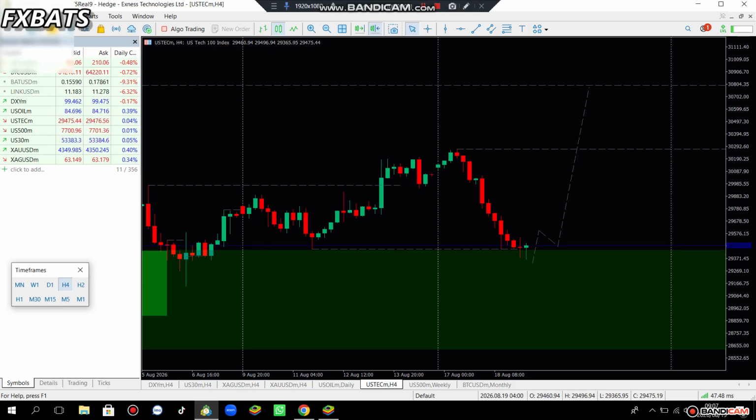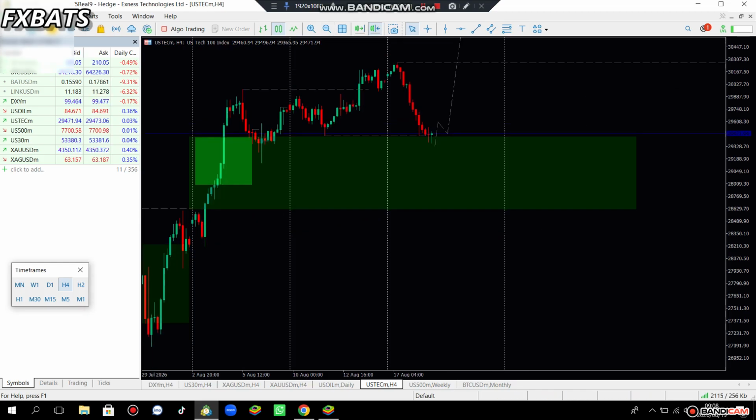So here it needs much waiting. If you really want a pure and nice confirmation to start buying, wait for the H4 bullish fair value gap formation. That's what is needed. So this is what I have on Nasdaq.